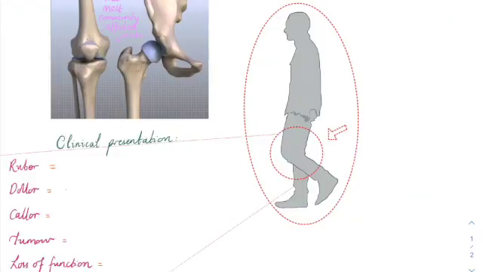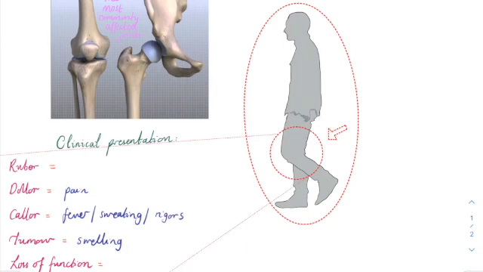The typical symptoms of septic arthritis include joint pain, joint swelling, a fever, and some sweating, and the patient may also complain of rigors. On examination, you should look for signs of redness and swelling.